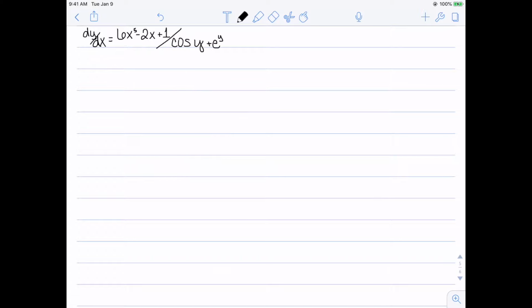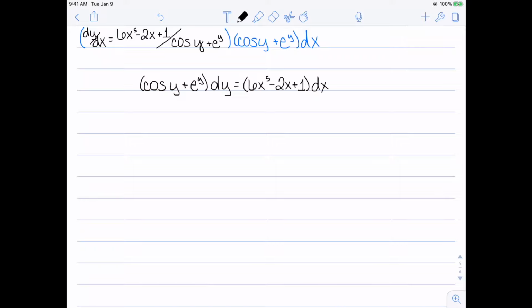The next problem, dy/dx = (6x^5 - 2x + 1)/(cos y + e^y). Multiplying both sides by (cos y + e^y) dx gives me (cos y + e^y) dy = (6x^5 - 2x + 1) dx. We can then integrate both sides.